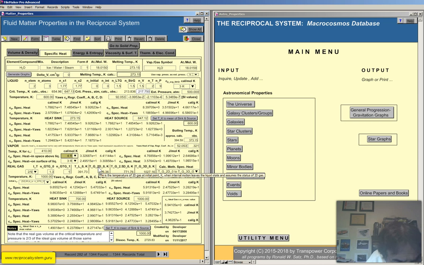T sub G 2D 0K, this is the temperature of 2D gas at the initial point. TG 2.5D, this is the temperature intermediate between 2D and 3D gases. This is the temperature of 3D gas at initial point K when internal motion reaches the 3D state. So there's quite a bit of a transition between 2D motion and 3D motion here.